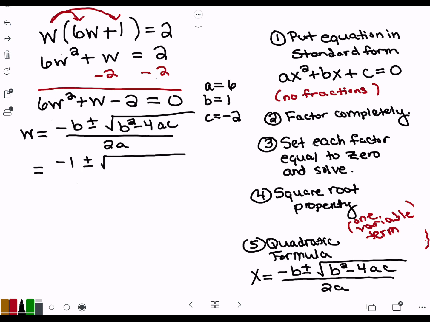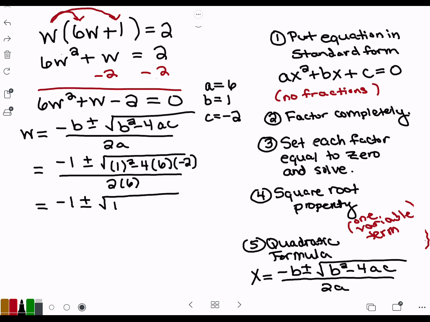So negative 1 plus or minus the square root of 1 squared minus 4 times 6 times negative 2. Now, when I condense all the stuff underneath, and at the bottom I got 2 times 6. So negative 1 plus or minus the square root of 1 plus 4 times 6 times negative 2.